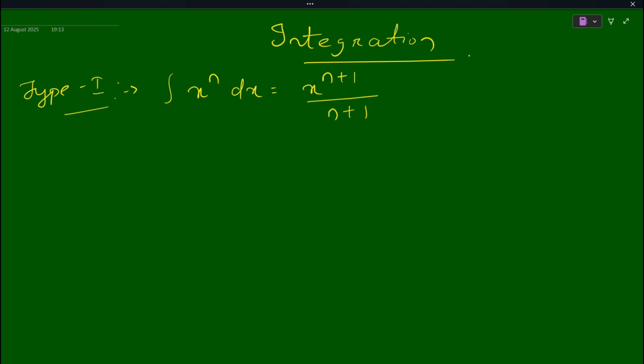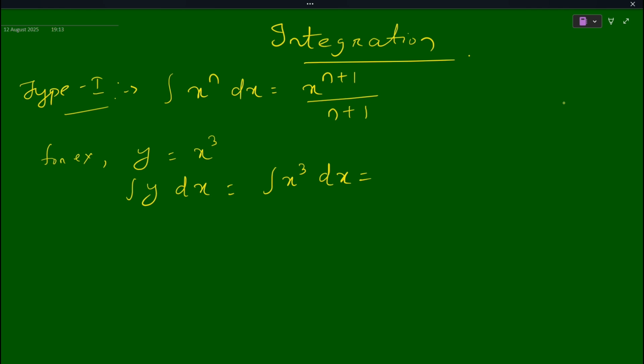For example, if I am taking the function x cube, then the integration of y with respect to x is given as x cube dx. Now here the value of n is 3, so we will put this value in this expression.